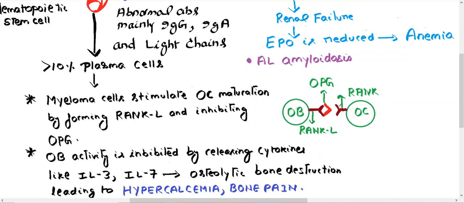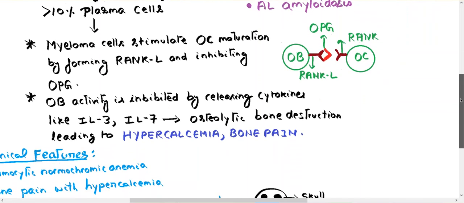But in multiple myeloma, the myeloma cells stimulate the maturation of the osteoclast by forming RANK L and inhibiting the OPG. When the OPG is inhibited, there is more interaction of RANK L with the RANK, and there is more maturation of the osteoclast.